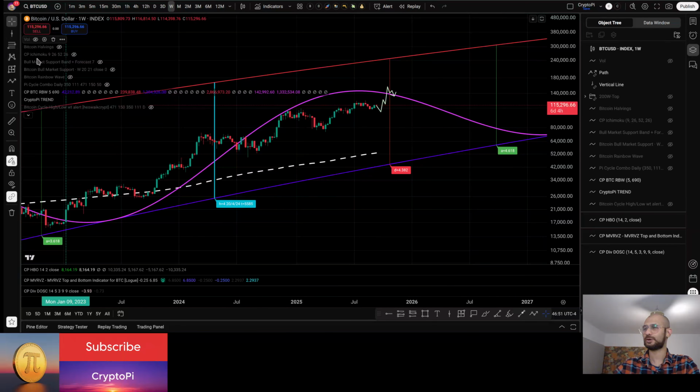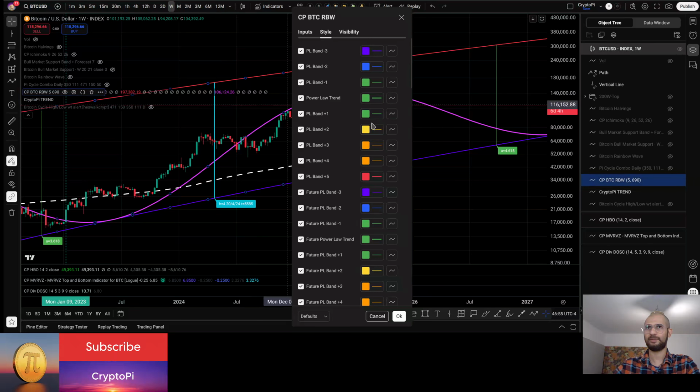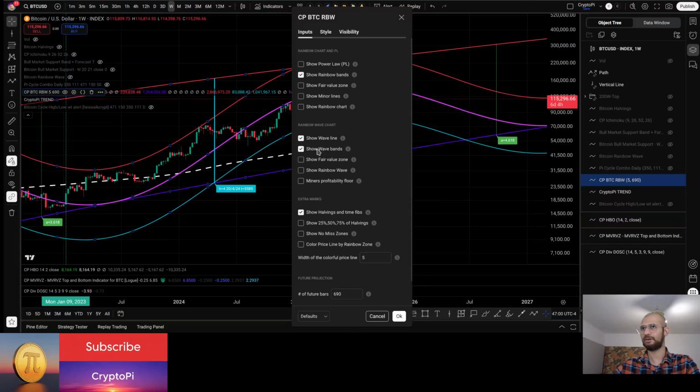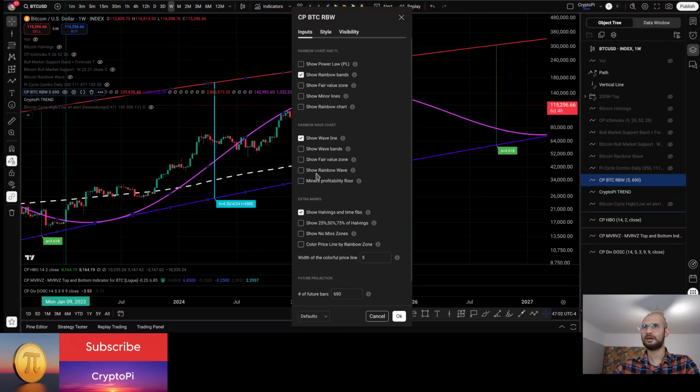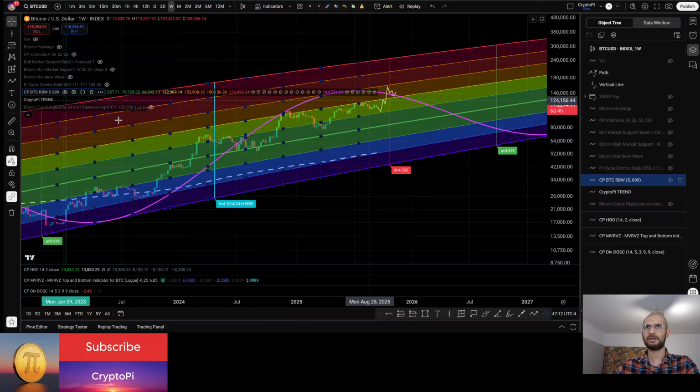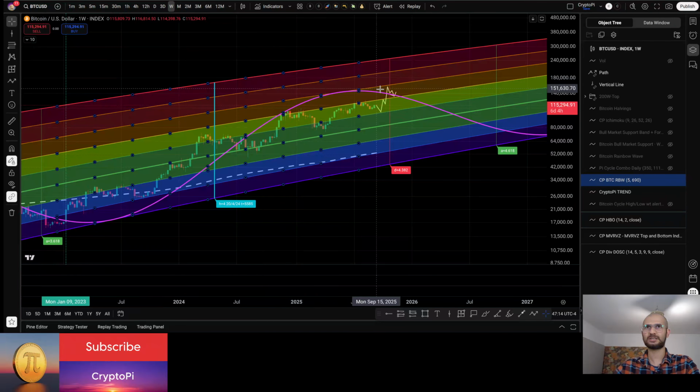I want to switch on another indicator, the rainbow chart. So price might reach up until this orange level over here, which comes to around 158, 160.